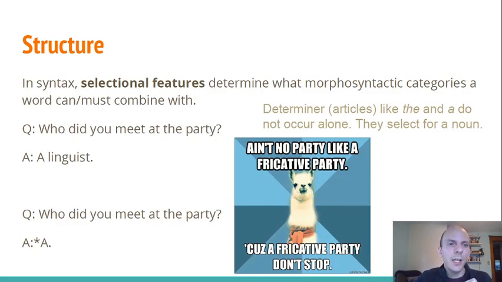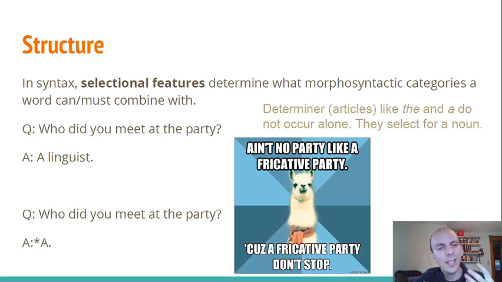Okay, moving on. We're going to talk a little bit about selectional features. Here we bring up the idea that it's a little bit like the distribution that we looked at with the parts of speech or the morphosyntactic categories. But here what we're saying is that words kind of select for other words, right? So if you say, who did you meet at the party? And you answer, a linguist, that's perfectly fine. But if you say, who did you meet at the party? And you just say, a, there's a sense that that's incomplete.